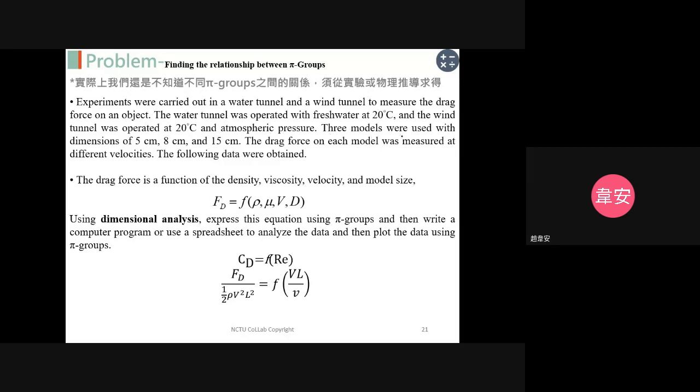Three models were used with dimensions of 5, 8, and 15 centimeters. The drag force on each model was measured at a different velocity. Okay, so the following data was obtained.